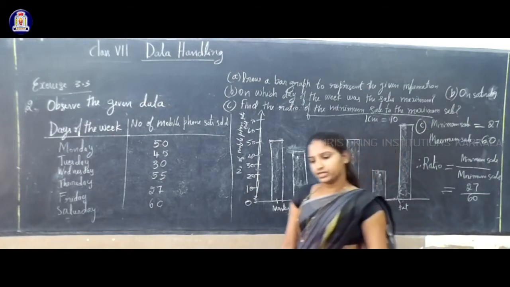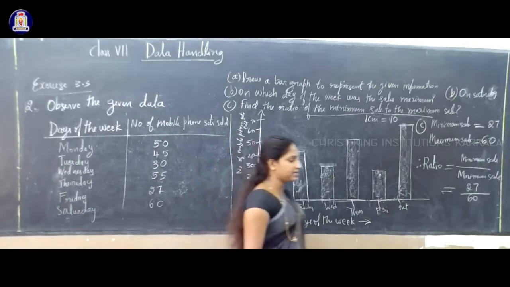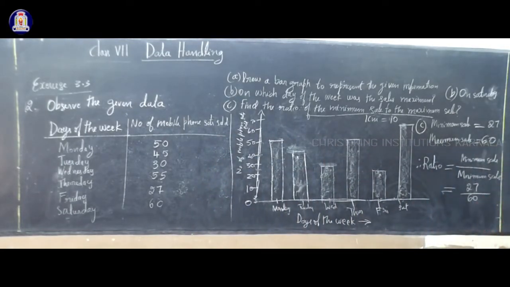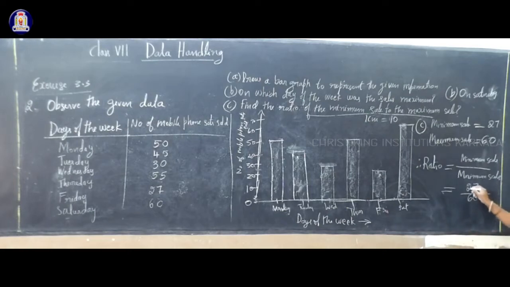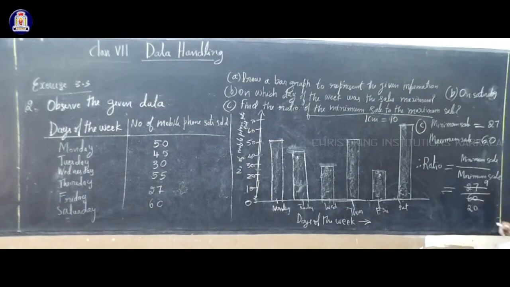Now you have to divide this: 27 divided by 60. Which table divides both numerator and denominator? I think the 3 table divides, right? 3 divides 27 and 3 also divides 60. 3 nines are 27. 3 how much are 60? 3 twos are 6, that means 0 remaining, that means 20. 3 twenties are 60.